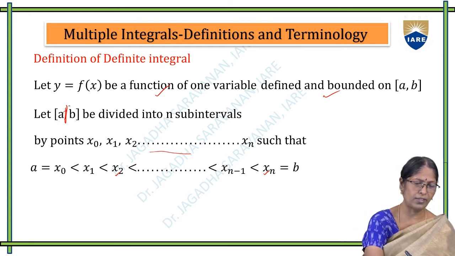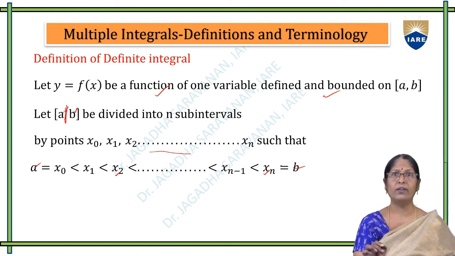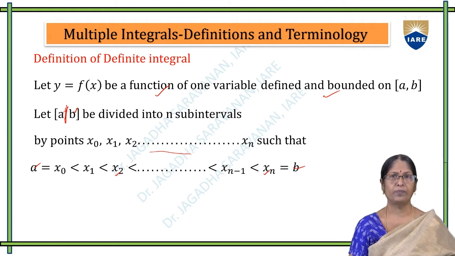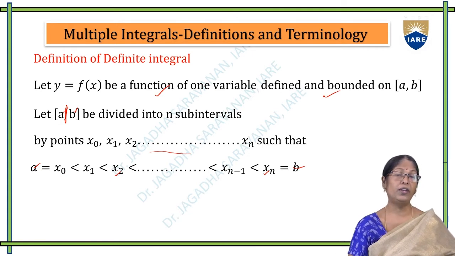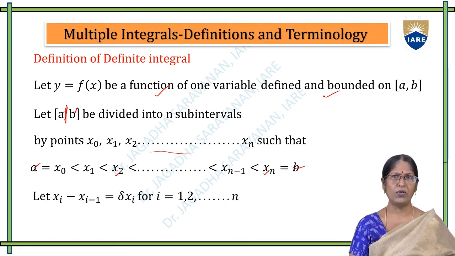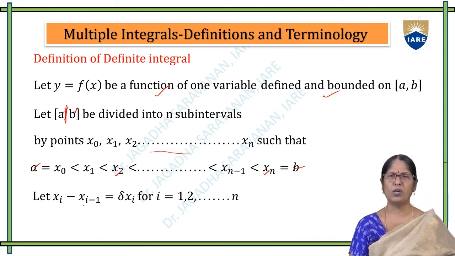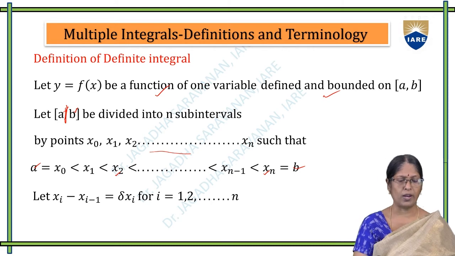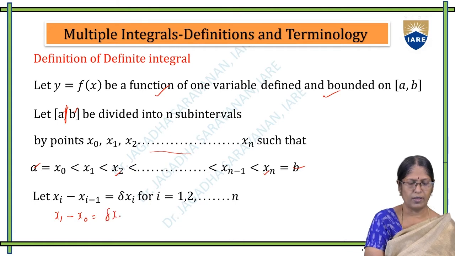The starting point is a, the ending point is b. In general, xi minus xi minus 1; if i is 1, then x1 minus x0 is equal to del x1.